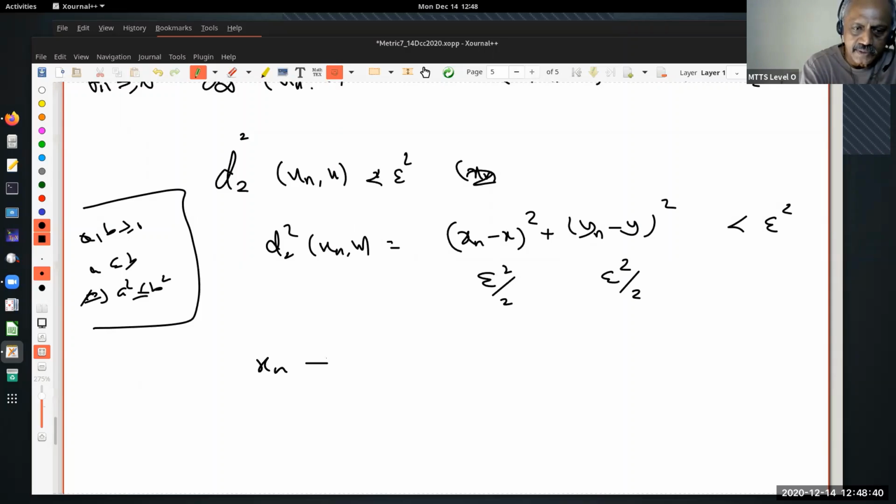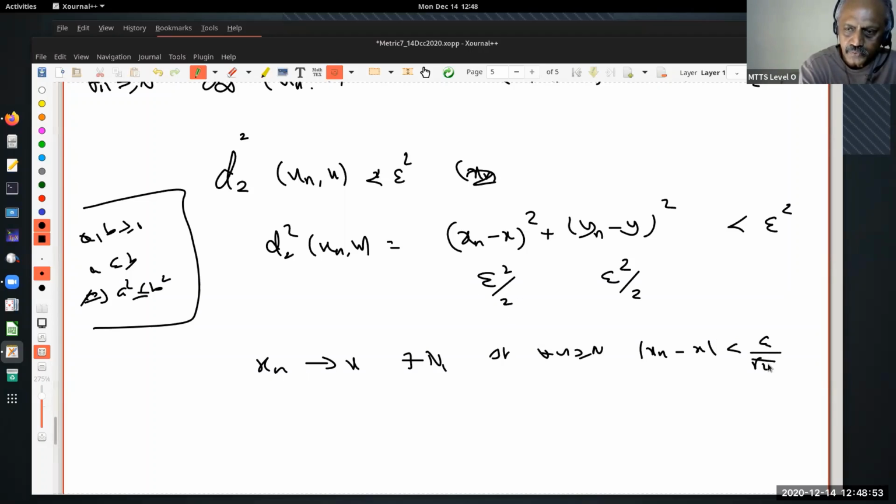Since x_n converges to x, as usual, there is n1, so that for all n greater than or equal to n1, |x_n minus x| is less than something. Remember, I want to square, therefore I can take it epsilon by square root 2. Therefore, the square will be less than or equal to epsilon squared by 2. Do you follow that? And similarly n2. Therefore, again, same trick, you take n equal to the maximum of n1 and n2.